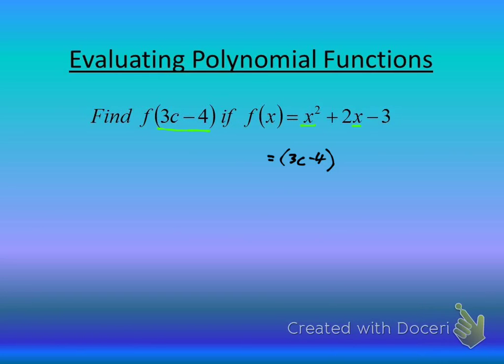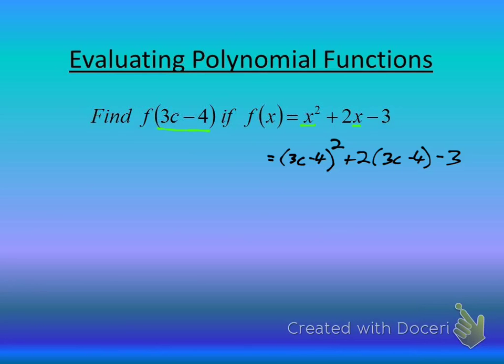And what's being done to that? Squaring. Plus 2 times 3c minus 4 minus 3. Okay, that's the correct setup. All right.